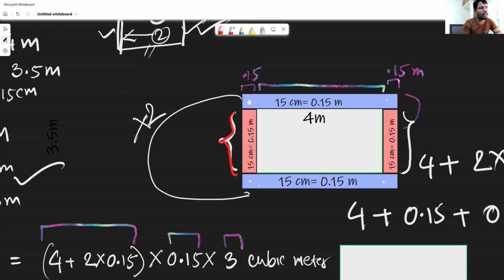Now you can consider this breadth, 3.5 meter, as a new length, and the thickness of the wall, 0.15, is the breadth. This is the new length along the breadth, and the height is already given, 3 meter.